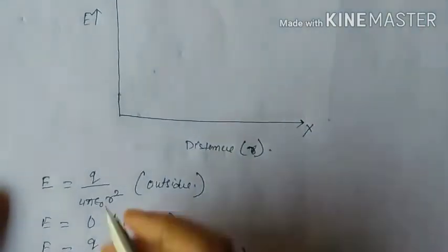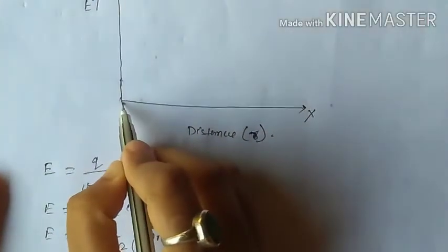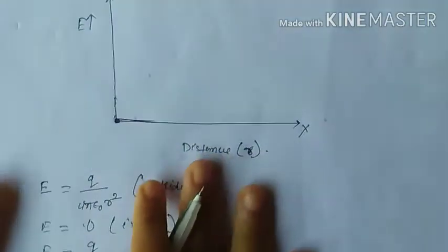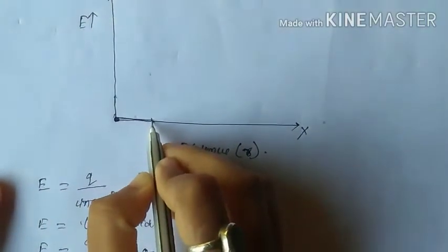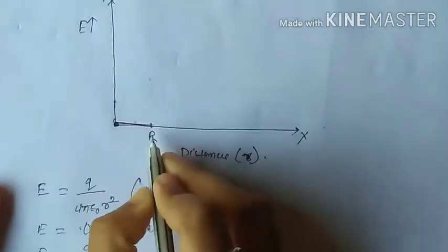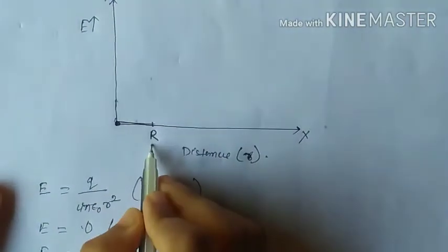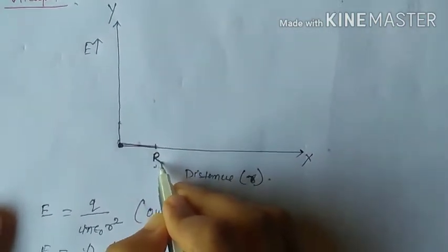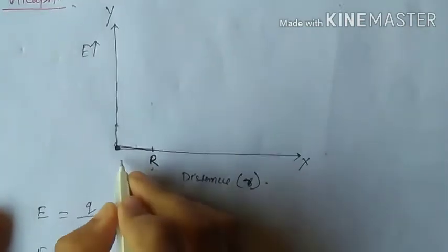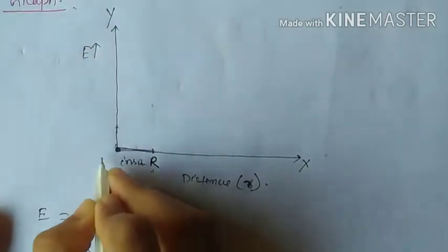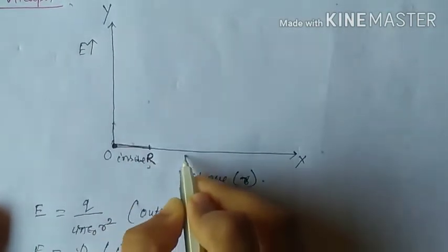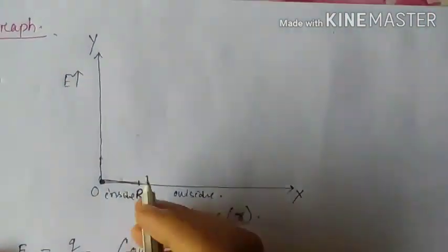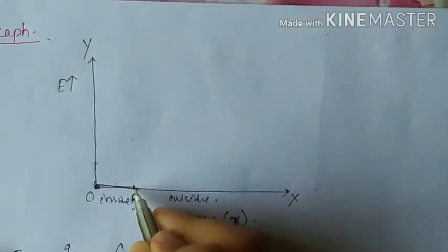Right? Let's plot these three things here. So if this is my center, suppose, and I am taking here distance R. So up to R, this means up to the spherical cell surface. This is my inside region. This is center O, this is inside region, this is outside region. Right?